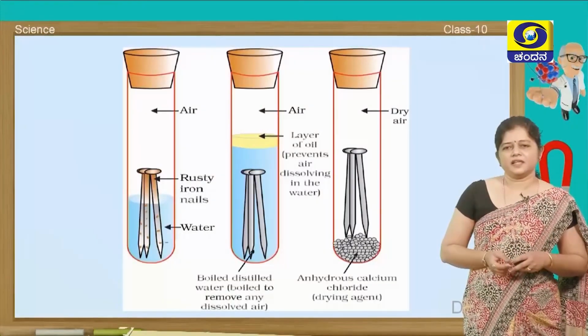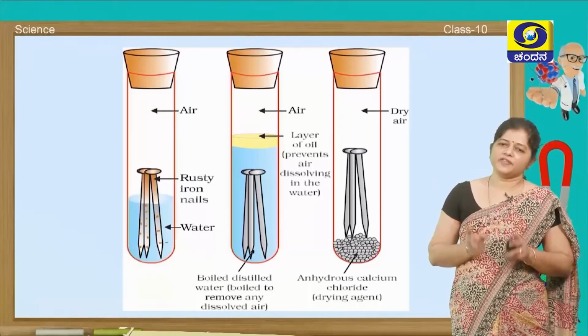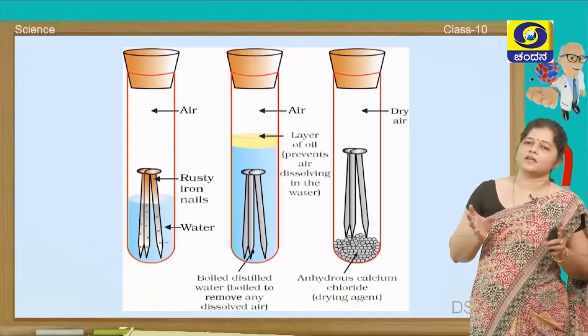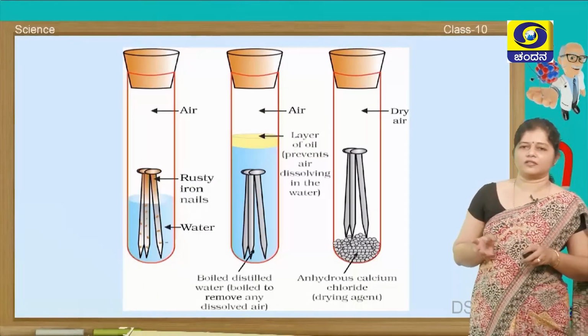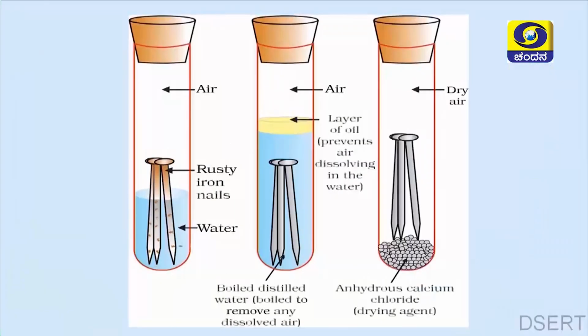So, this is an experimental setup where we will find out whether the iron rusts or not. We have taken 3 test tubes and introduced iron nails. In one test tube we add water to half level, wherein the iron nails will be immersed only till half of that, and air is present in the remaining part of the test tube.